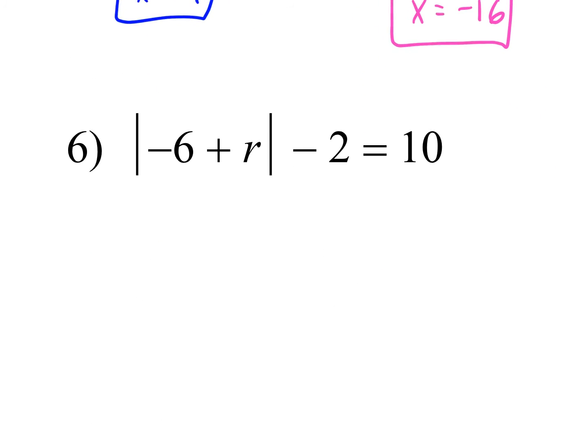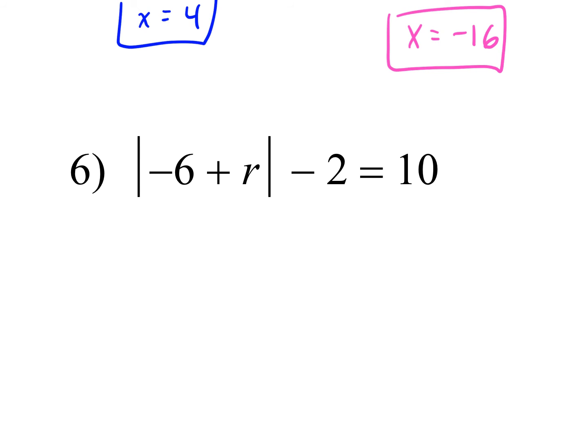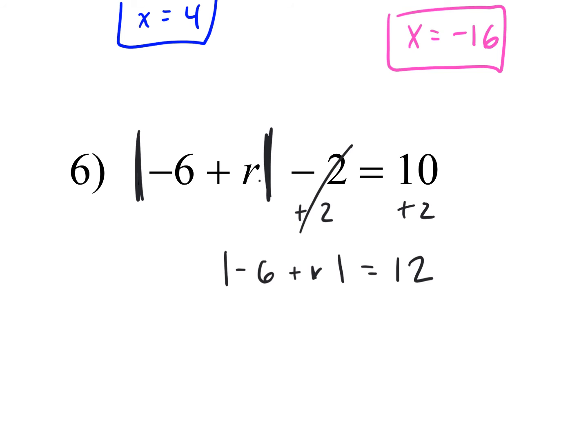All right, let's do number 6. Again, I want to get my absolute value all by itself before I can do anything else. So how do I move that minus 2 to the other side? Add 2. So that gets rid of that minus 2. So I have the absolute value of negative 6 plus r is equal to, what's 10 plus 2? 12.